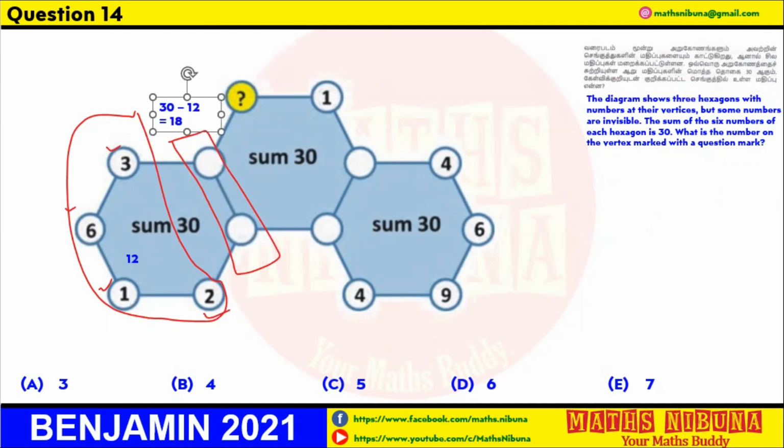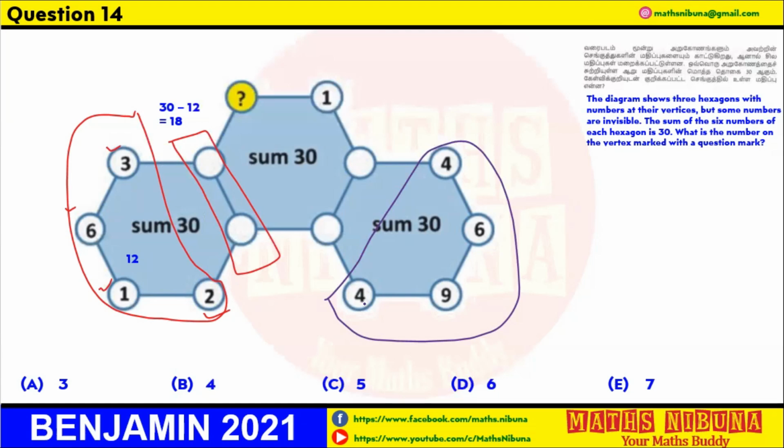Do the same thing on the other side. In red color, you add all these 4 numbers first. 4 plus 4 is 8, 8 plus 6 is 14, 14 plus 9 is 23. When you add all these numbers, you get 23.